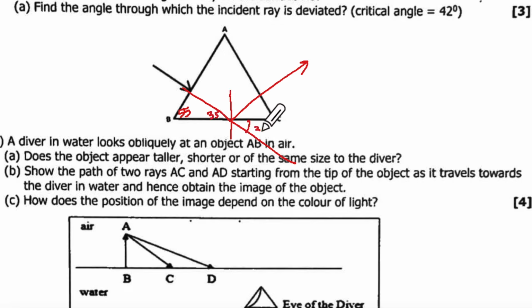So this becomes 35, vertically opposite. Correct? Yes, ma'am. This is 55. This is 55. This is 35. Okay. So it will be deviated by 35 degrees plus 35 degrees, which is equal to 70 degrees.